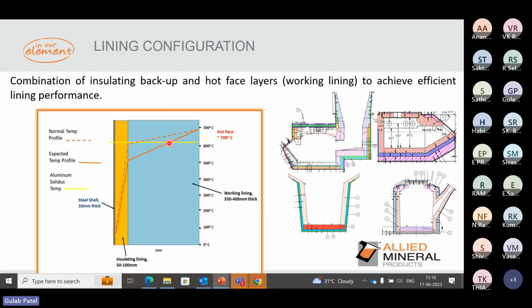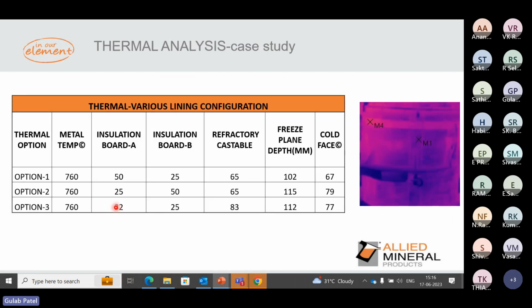So that is the best condition when designing the refractory lining configuration. Another thing is the steel shell temperature, which we will talk about later. The whole system should be such that you achieve the complete refractory lining configuration with the aluminum solidus temperature, the freeze plane, in the hot phase. That is the best possible.